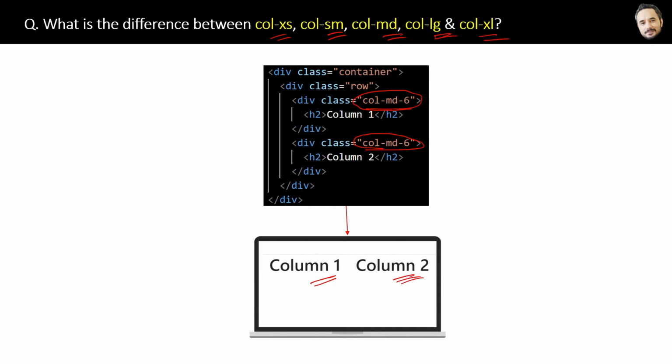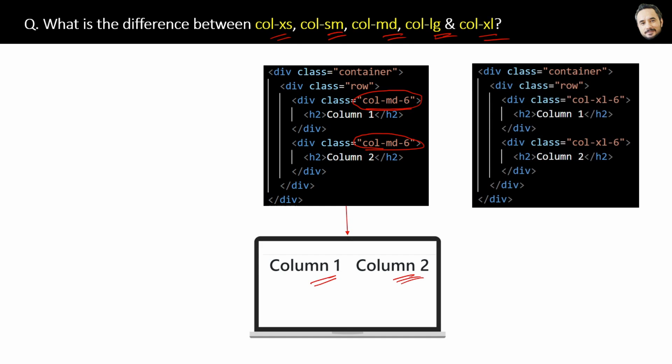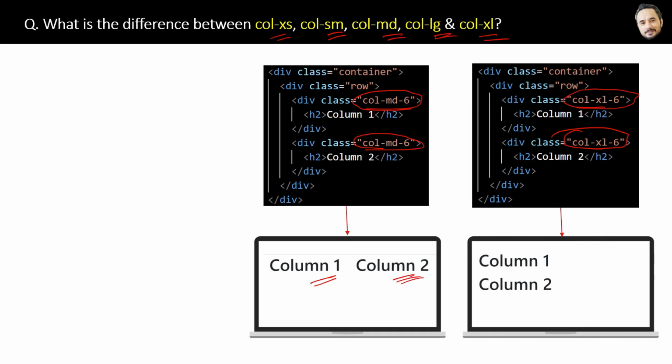But if you use col-xl class instead of this col-md class like this, then col-xl means you are targeting for extra large screens. Then for col-xl class, laptop screen is very small, and therefore the output will be something like this in the vertical format. See, in your laptop it is not right, which is wrong, right?